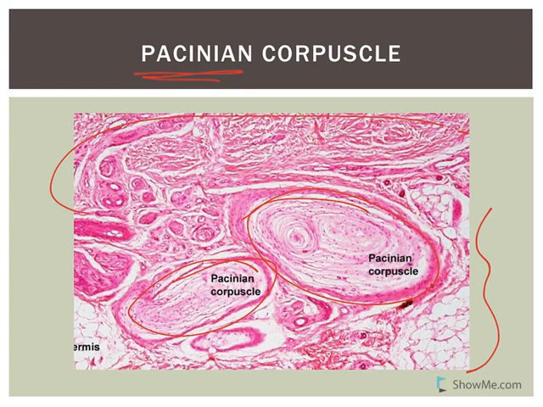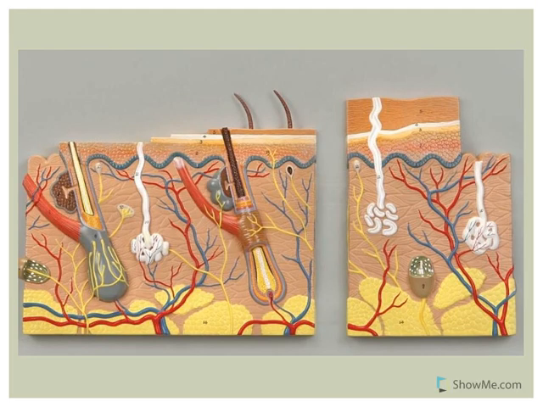Now there are some other structures associated with the dermis, and we'll talk about some of them more in depth, but I'll provide you with some of them using a lab model. So on this lab model, these are Pacinian corpuscles. Right here is a Meissner's corpuscle, and you see another one right over here. Other structures associated with the dermis are your hair follicles, and the erector pili muscle, which you see right in there.